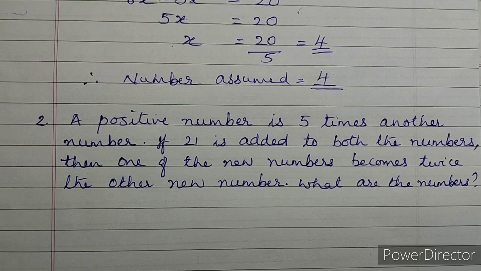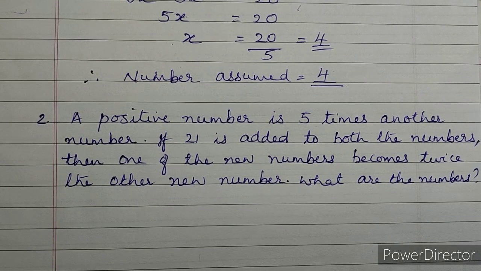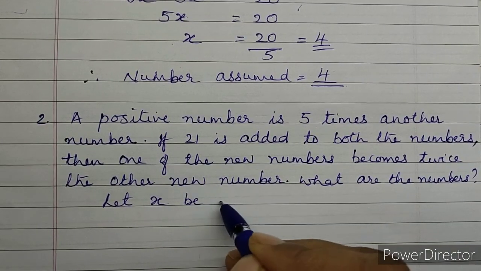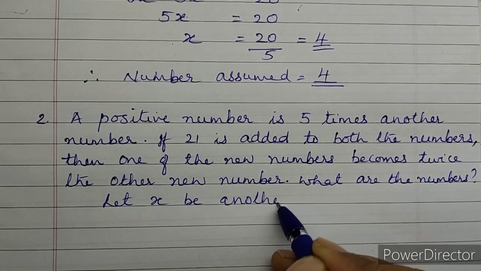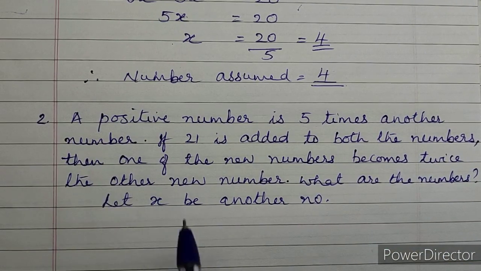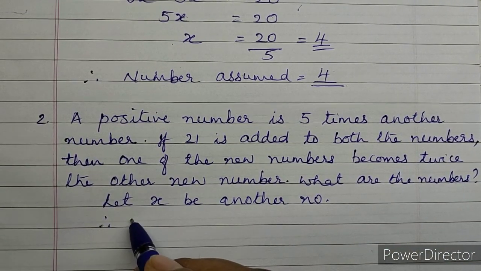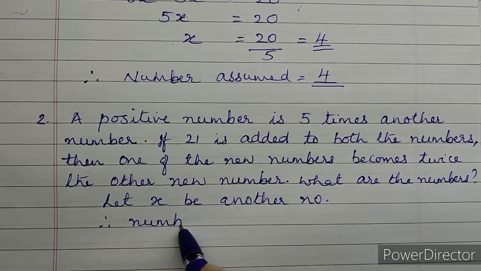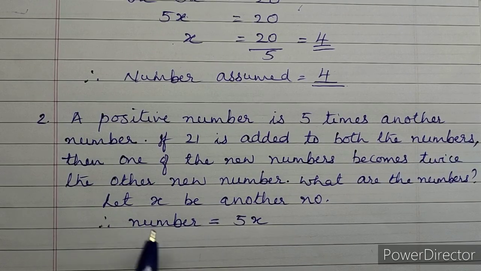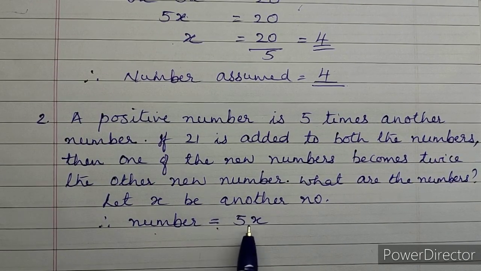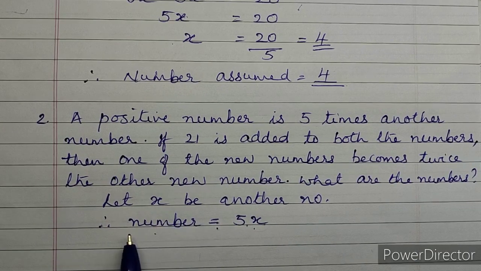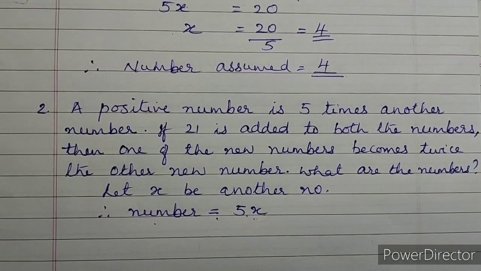First we will write, make the statement. So let x be another number. So therefore, number is 5 times x. A positive number equals 5 times another number. Another number you have taken as x. So number is equal to 5x.